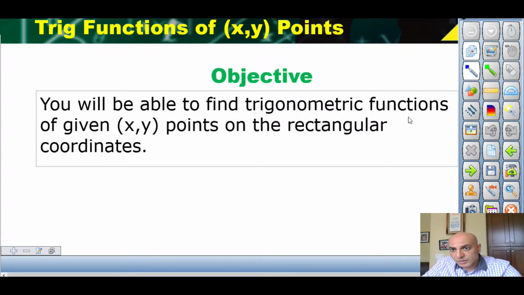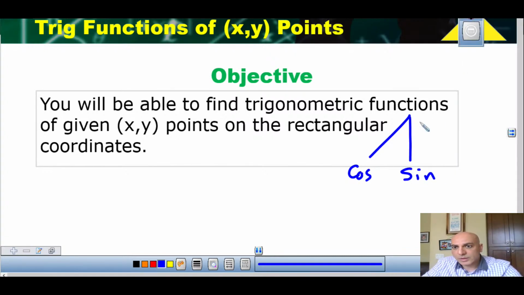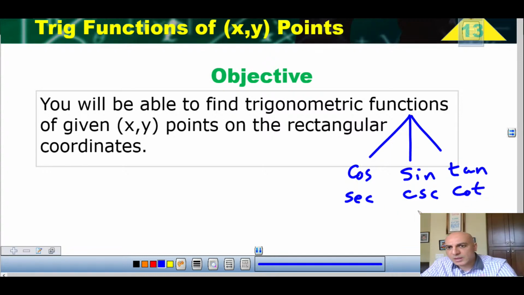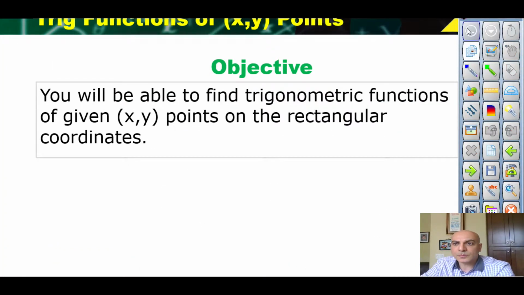These trig functions include cosine, sine, and also tangent. If you're doing a little bit more advanced, there's secant, cosecant, and cotangent. How do you find these for a point beyond the unit circle? That's what we're going to talk about today, particularly the first 3.